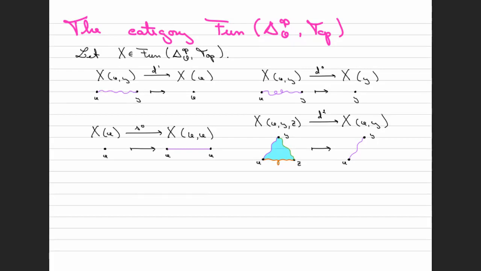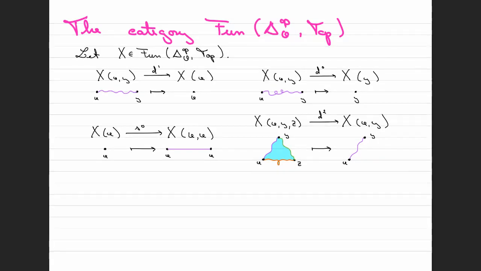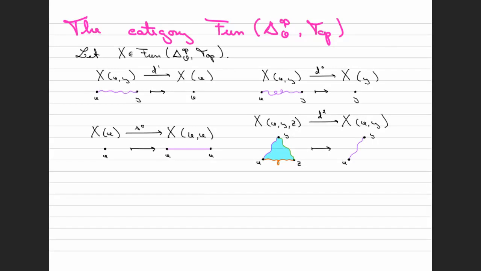So what are the points in this space big X of x, y, z? They are triangles. And the map d2, for example, gives you the edge that goes from x to y. So it really goes from the triangles to the lines with according labeling. Of course, we also have a map that gives you this bottom line. You also have a map that gives you this one, but I'm not going to show you.